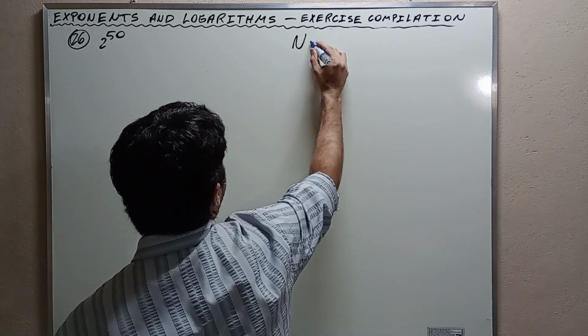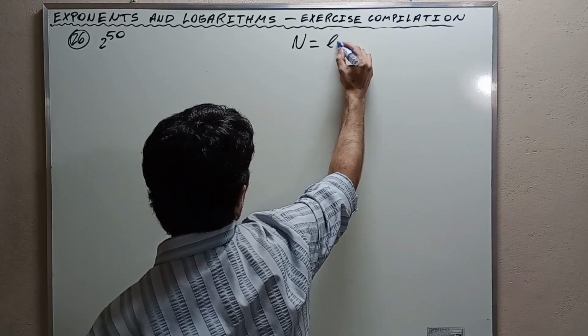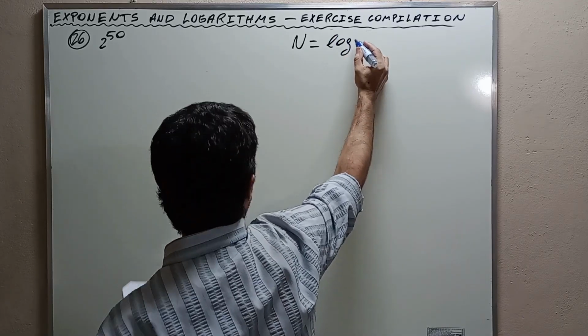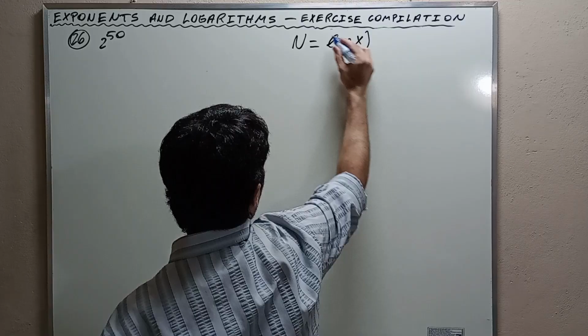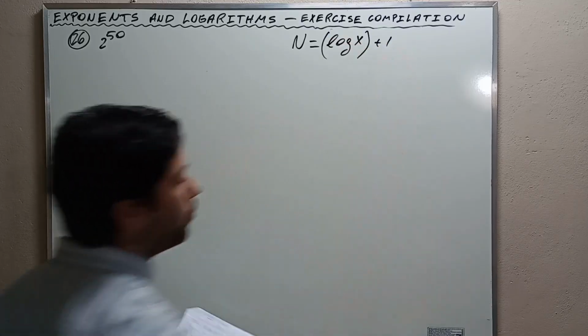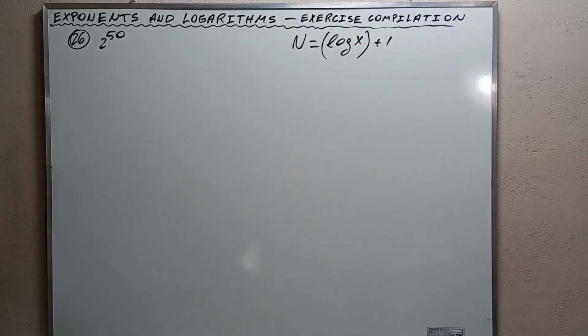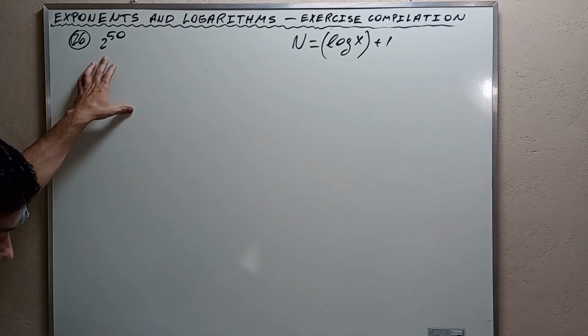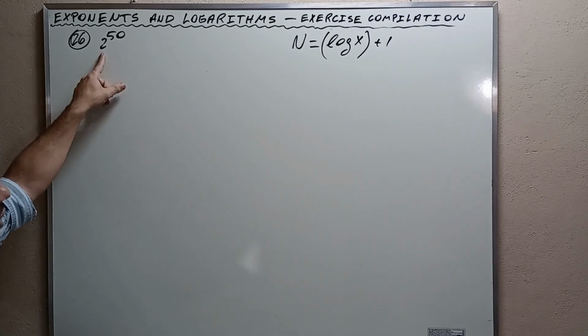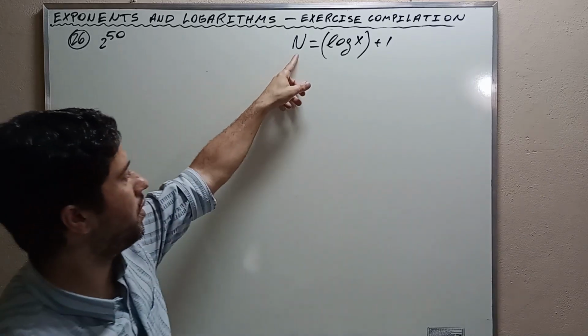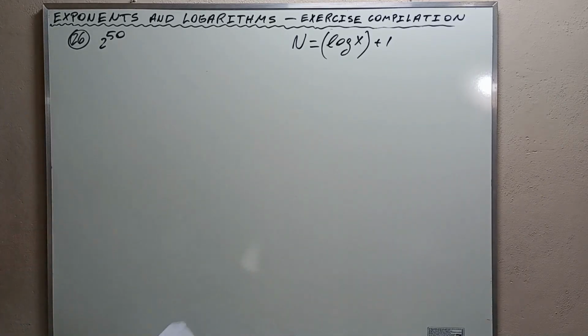The number of digits is equal to the logarithm base 10 of the number plus 1, okay? In which x is the number, this number here, and n is the number of digits the number has, okay?